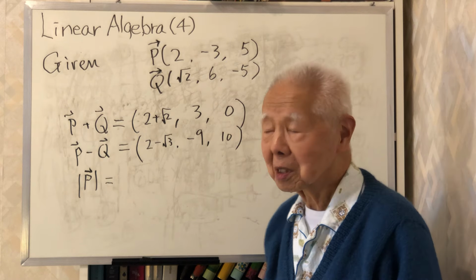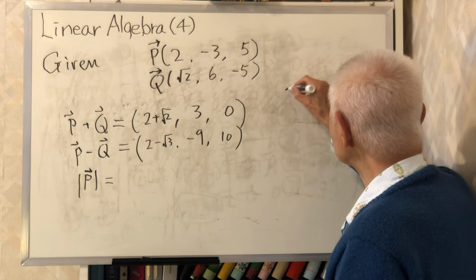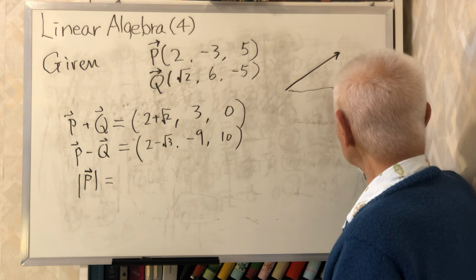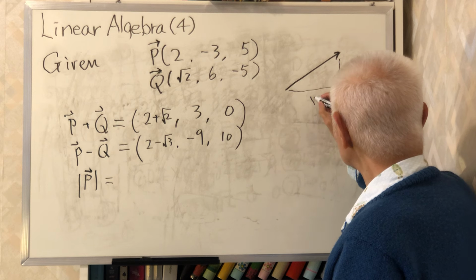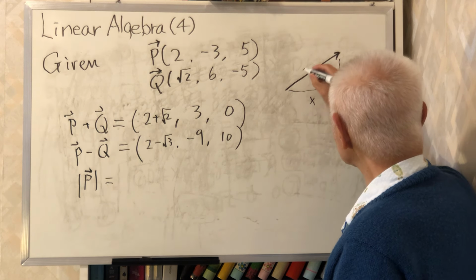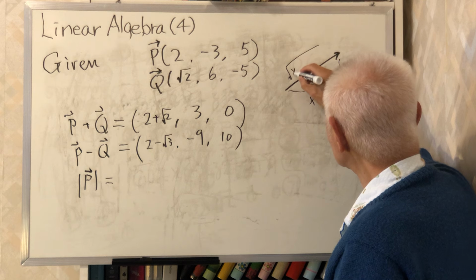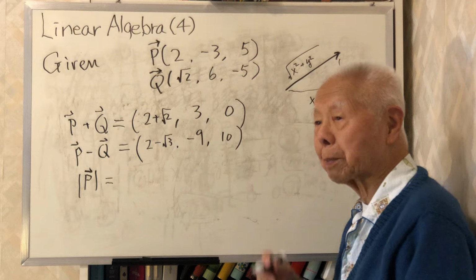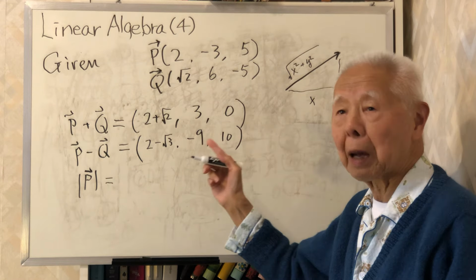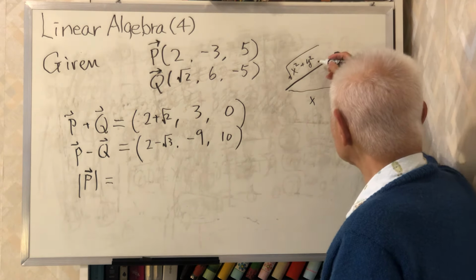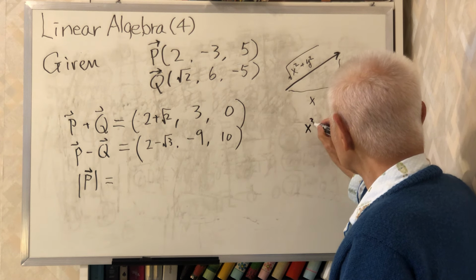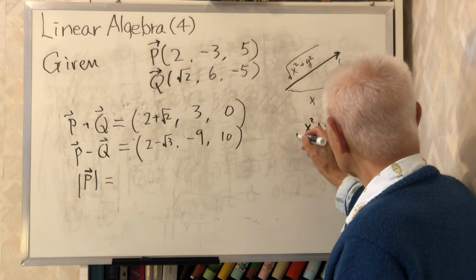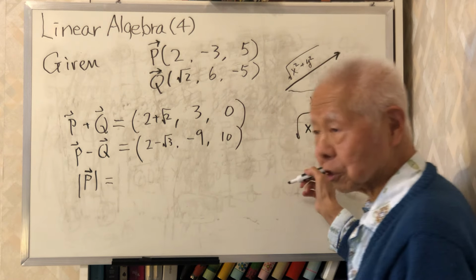You learned that in 2 dimensions. This is a vector, and this is the x component, and this is the y component. So the magnitude is this. But I have 3 dimensions, so you just add in 3 dimensions. So the magnitude is this.